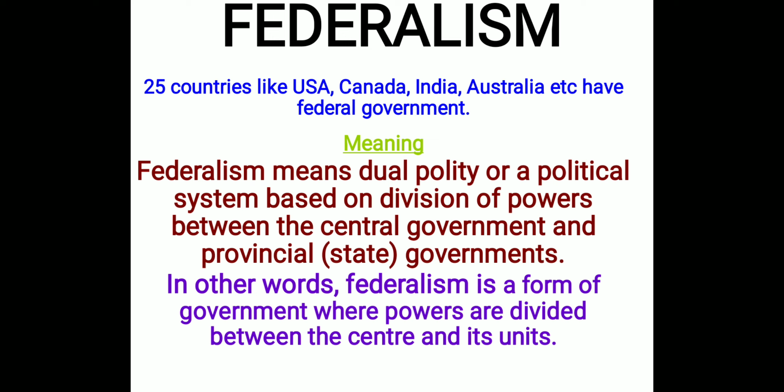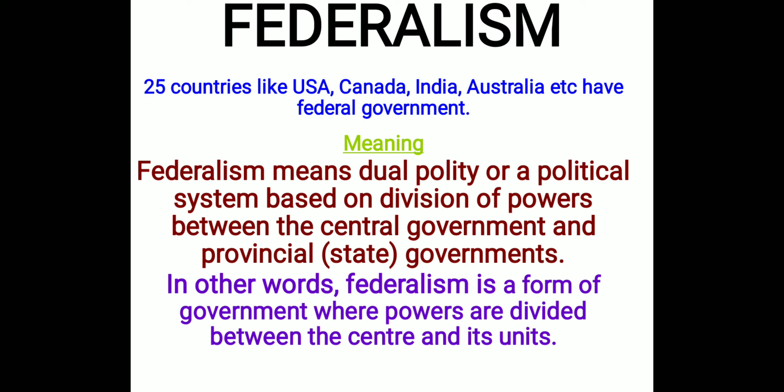And as far as legislature is concerned, we have a parliament having two houses, Rajya Sabha and Lok Sabha. In judiciary, we have the Supreme Court at the central level.